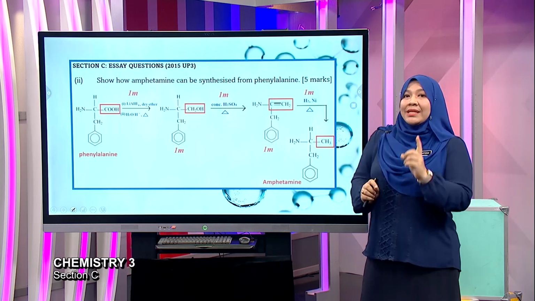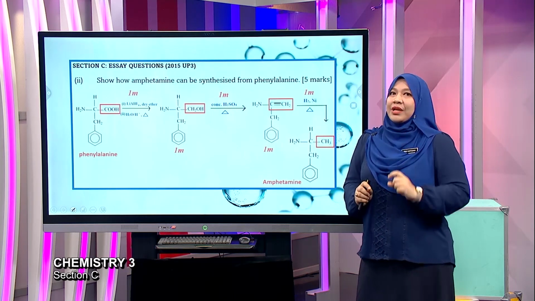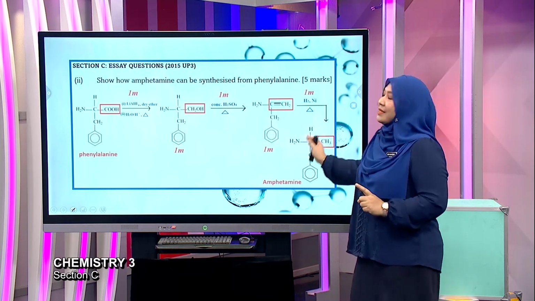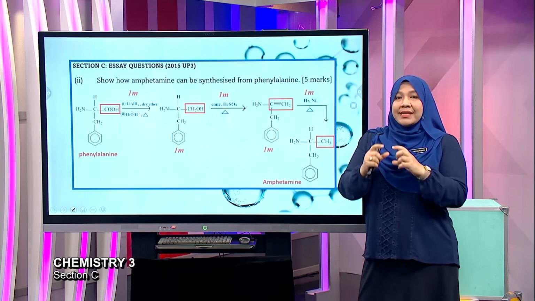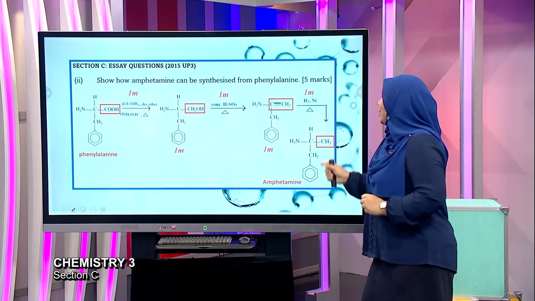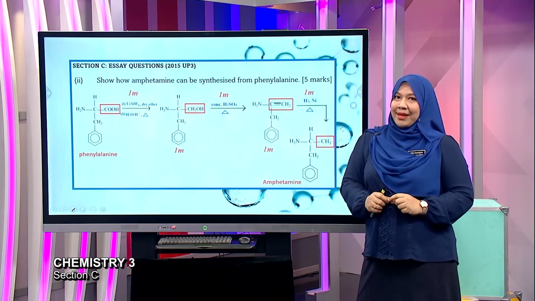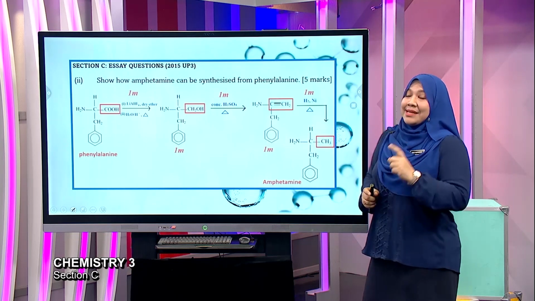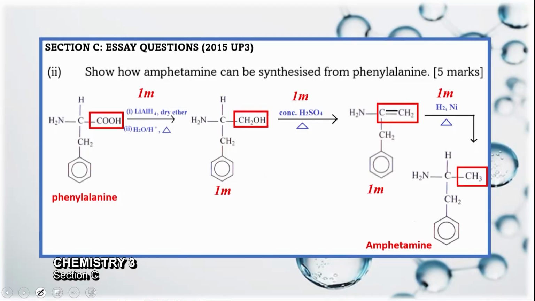Next on, once you draw the correct structural formula of the second intermediate with the carbon-carbon double bond, you will get another 1 mark. And last, this carbon-carbon double bond undergoes hydrogenation reaction in the presence of catalyst nickel and heat.